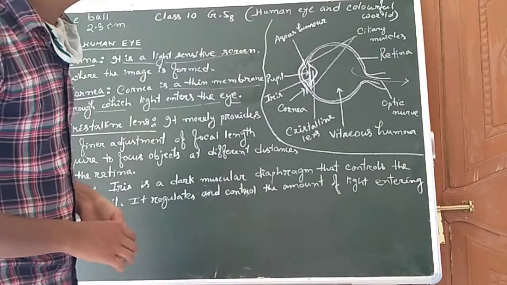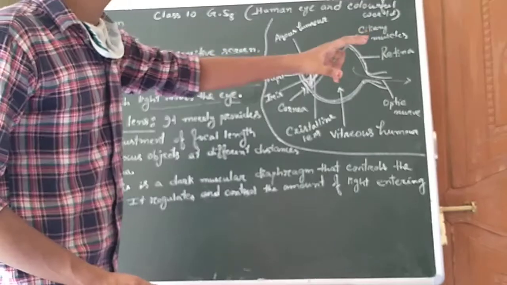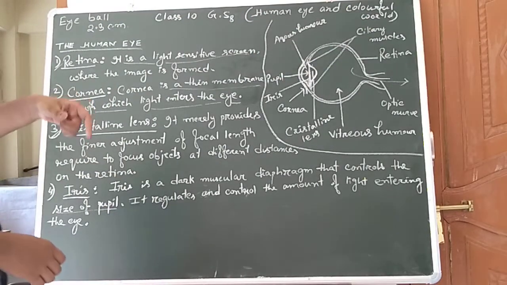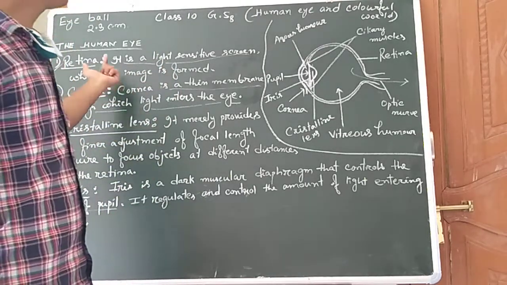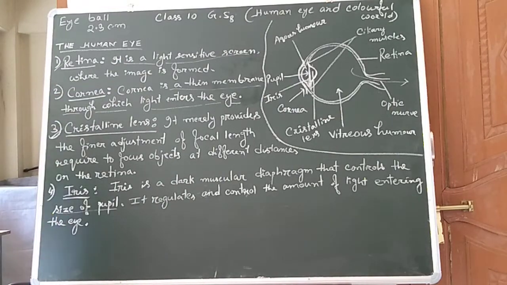How can we see an object? After light falls on that object and reflects back to our human eye, then we are able to see the object. And this image is formed where? Retina.